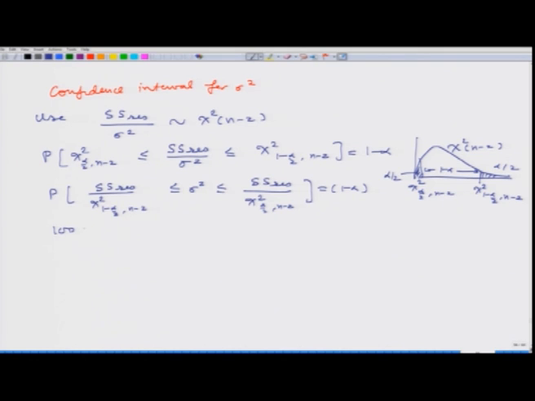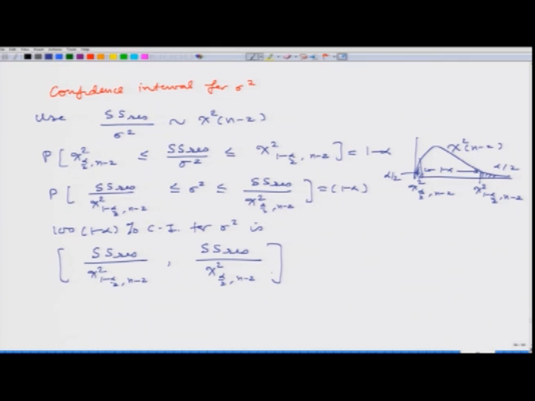So, the 1 minus alpha confidence interval for sigma square is simply SS residual divided by chi-square 1 minus alpha by 2, n minus 2 degrees of freedom, and SS residual divided by chi-square alpha by 2, n minus 2.